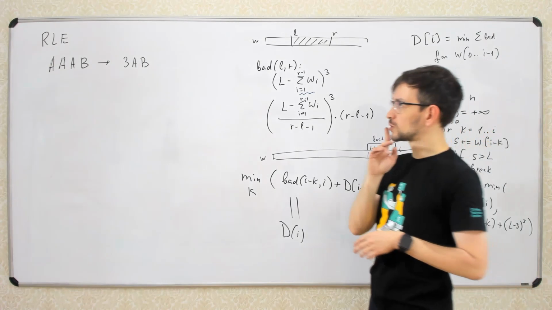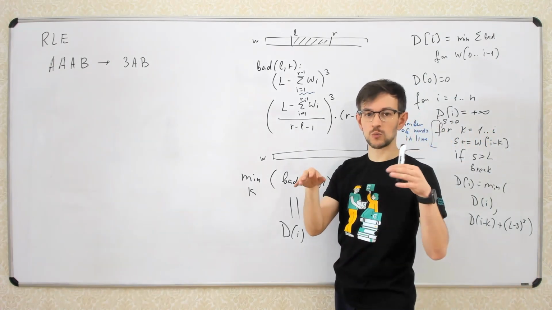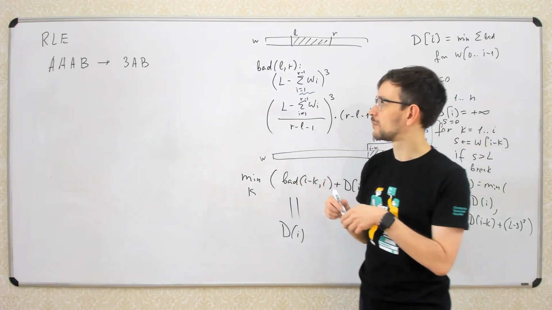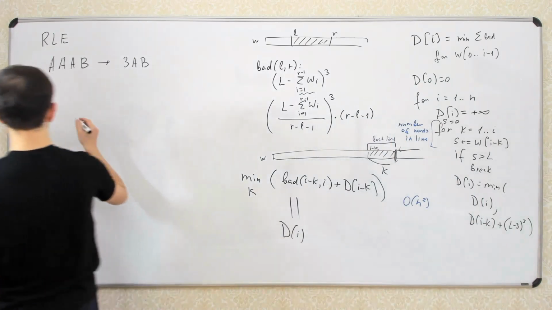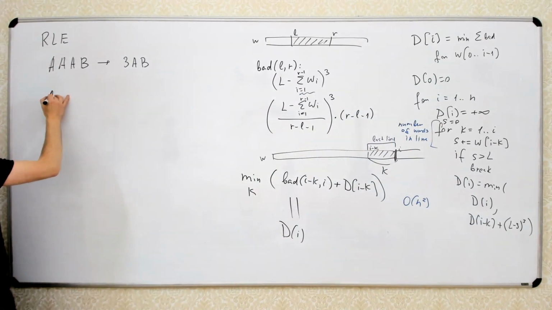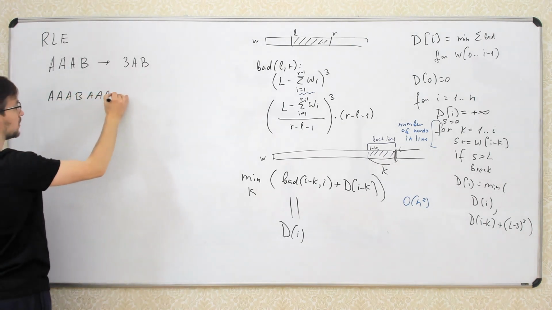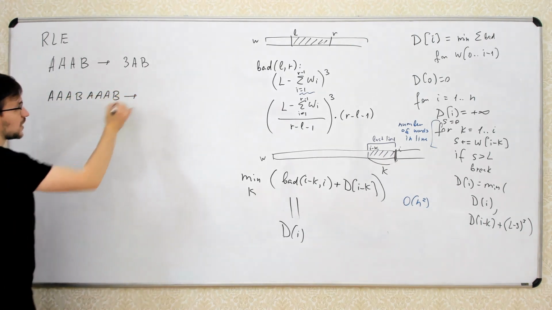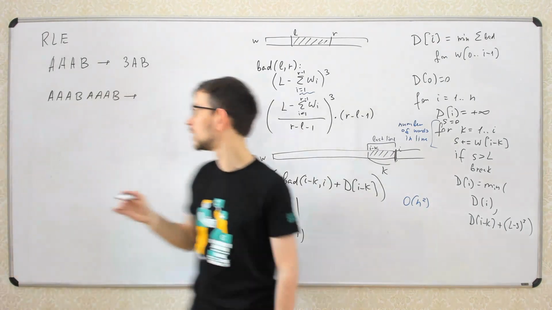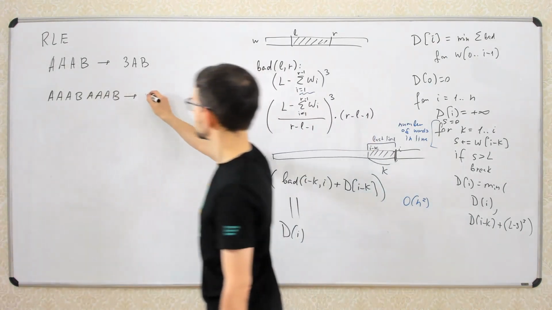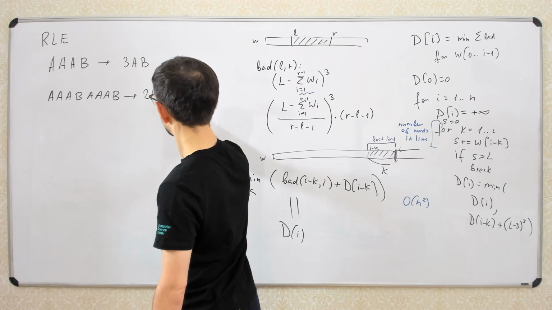Let's allow some more complicated stuff, so let's allow it to be recursive. For example, if you have something like A B and then again A B, let's allow writing it like this: 2 times the string 3AB.